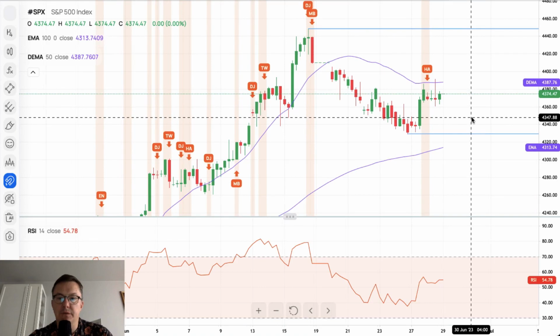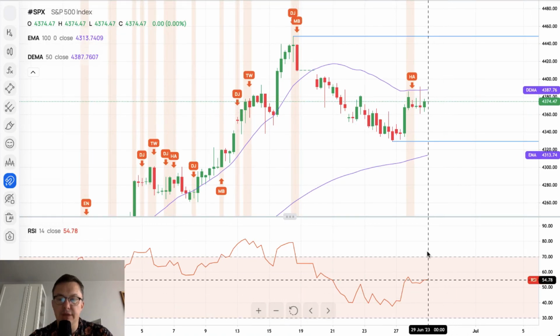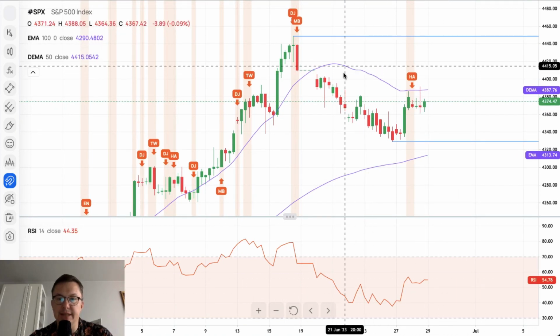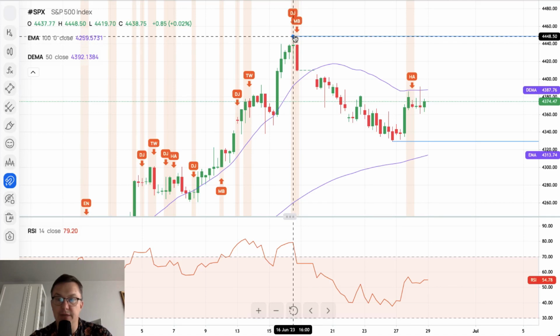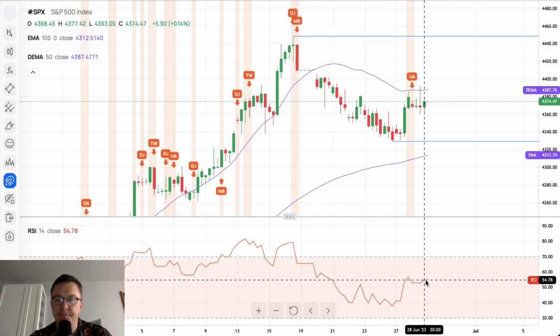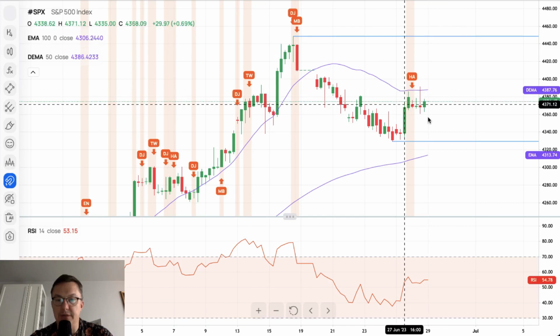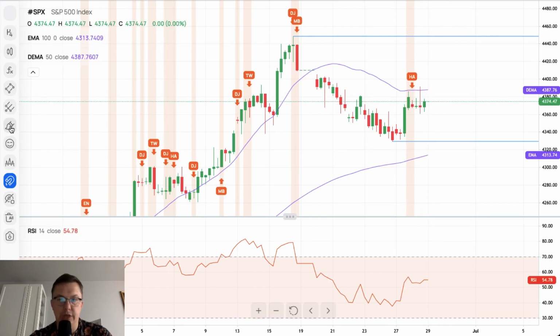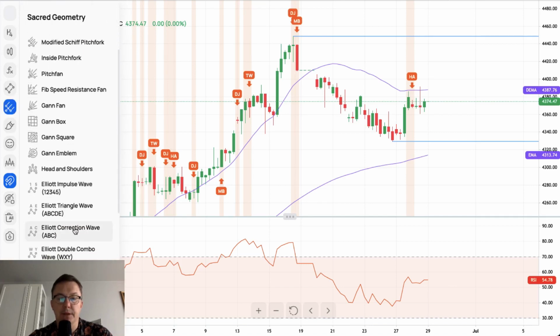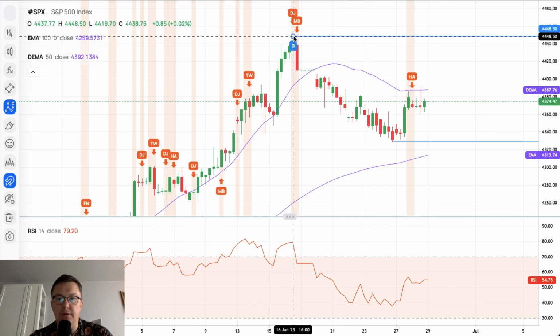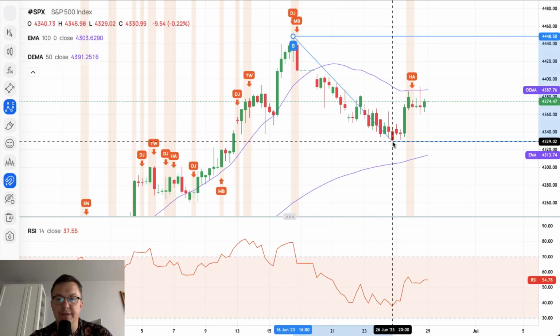So the bulls, of course, are trying to break higher because the next target would be the last swing high, 4,448. But the momentum is not that strong as they want it to be, only 54 points. So if there is some kind of a rejection here from this moving average, then our scenario for the S&P 500 is corrective in nature.